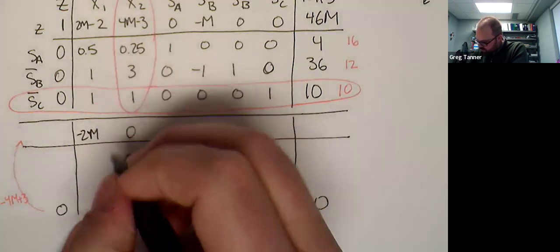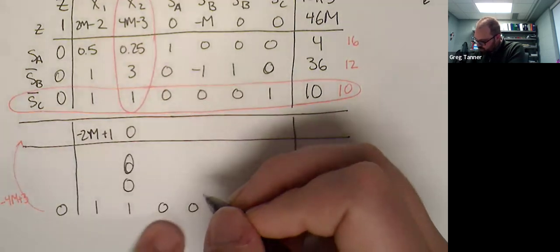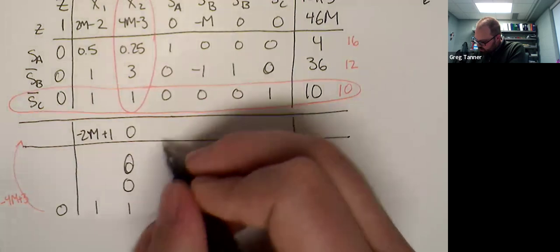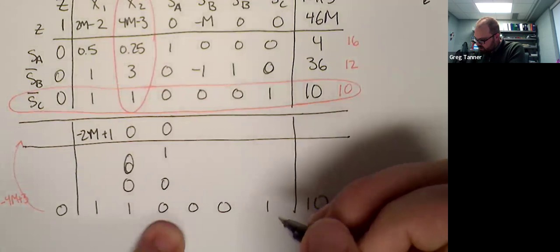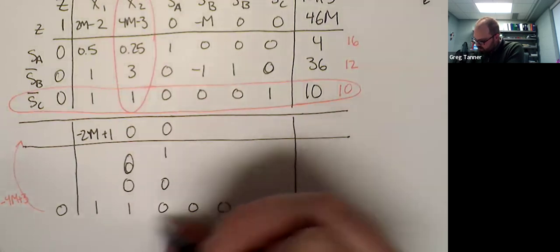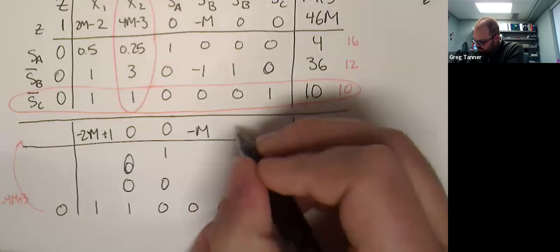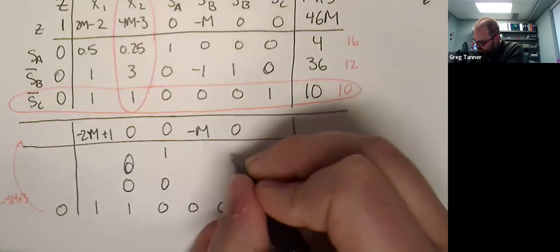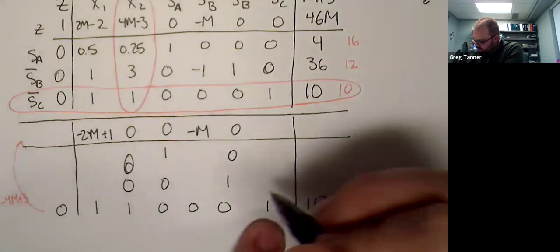3 minus 2 is going to give us +1. 0, that's going to leave this as 0. Actually, this column is going to stay like that. 0, this will stay -M. 0, this will stay 0. Actually, this will stay as our other basis column here.